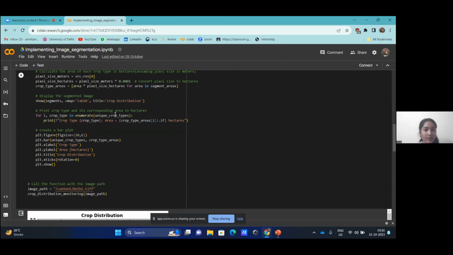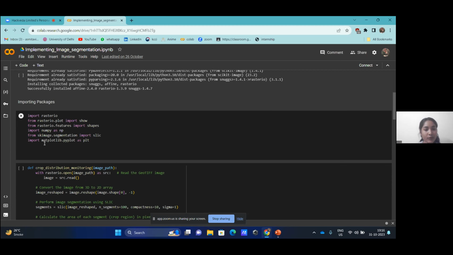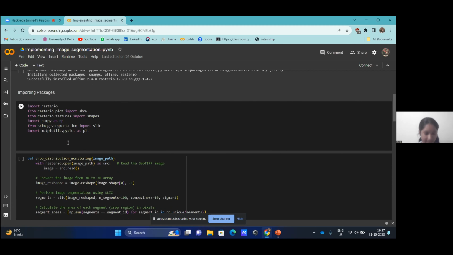Okay, so ma'am, this is a code for plotting the graph. First, I created a bar plot by using the plot function, which we imported from the matplotlib package.